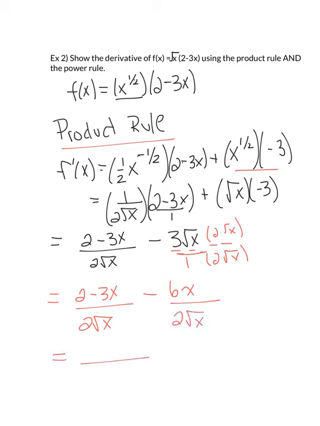I can simplify this a little bit more and get 2 minus 9x, all divided by 2 root x. Now, I could rationalize that, but I am just going to leave it for now, because all I'm doing is comparing my answers.